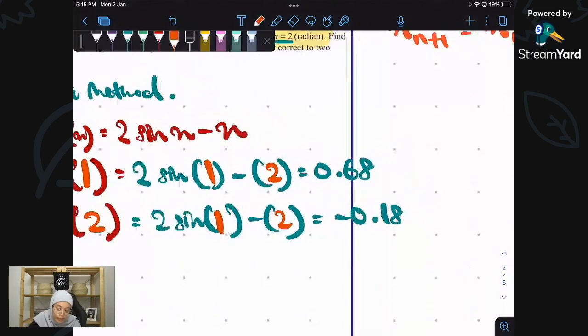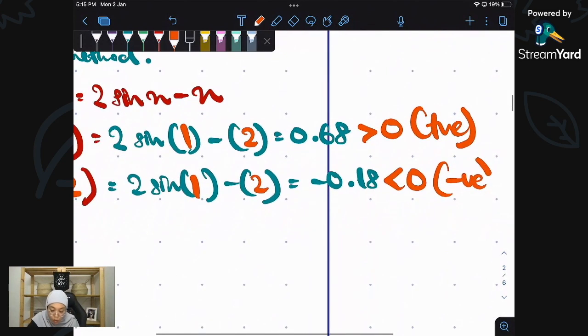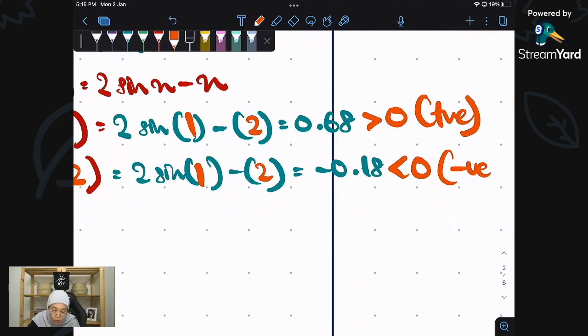You will see that 0.68 is a positive value, while negative 0.18 is less than 0, which is a negative value. So we have a sign change here.